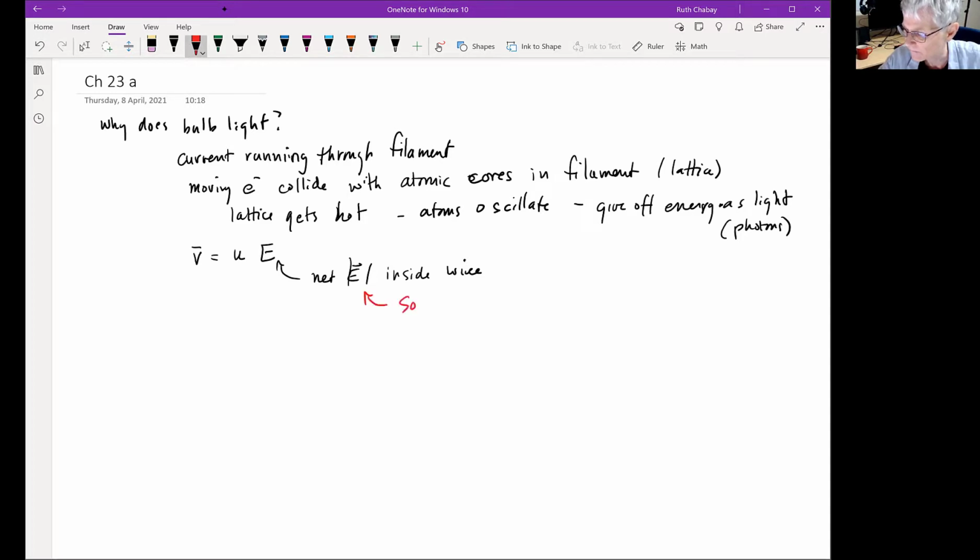So what's the source of the electric field that's driving this current and making these electrons all move through the filament? Well, it's definitely not a battery. It's not a time-varying magnetic field like Faraday's law, because we didn't have a loop to drive to where we could get a curly electric field.